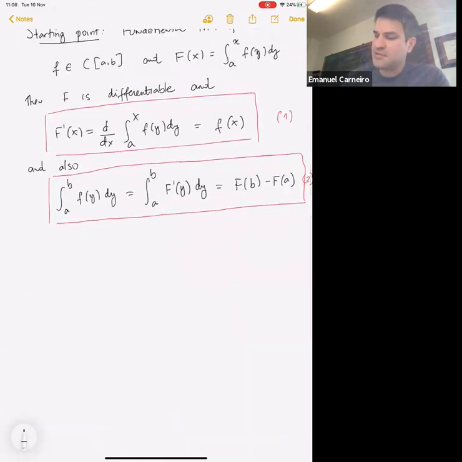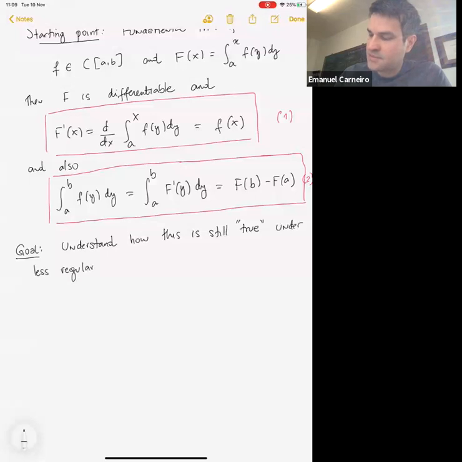Now, our goal today is to understand how this is still true, and I put true here in quotes, because we have to understand what it means, how this is still true under less regularity assumptions.